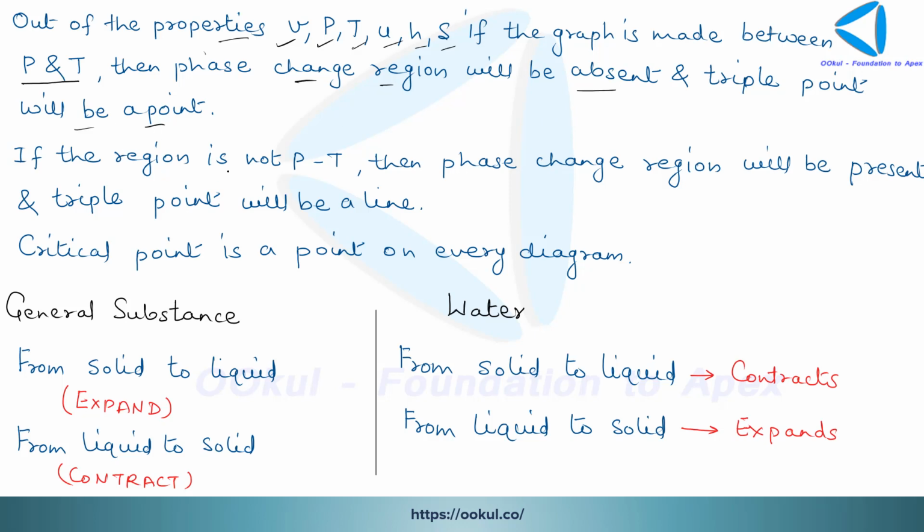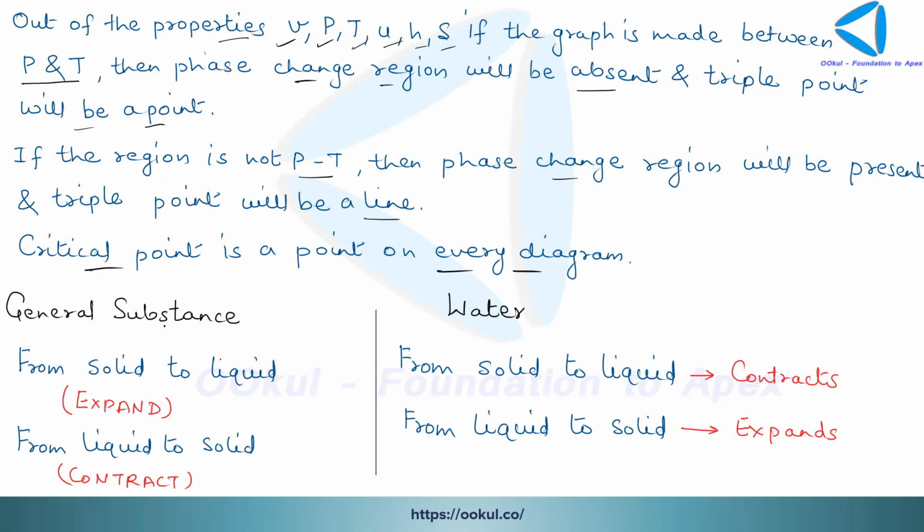And if the graph is not PT, that is any other curve, then the phase change region will be present and the triple point will be a line. So please remember this. And the critical point is a point on every diagram, whatever sort of curve it is; the critical point always remains a point.